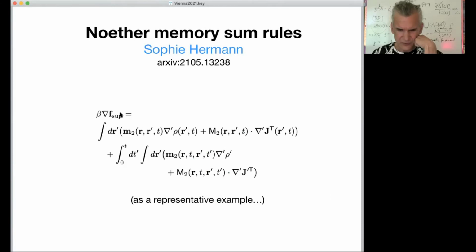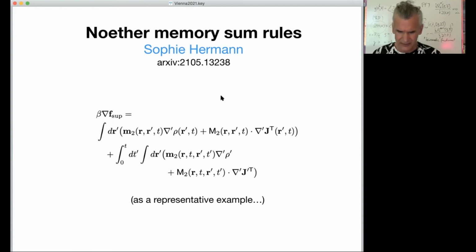Because this superadiabatic contribution doesn't depend on external fields, it just depends on, say, the Lennard-Jones interactions. And one can apply symmetry operations and get identities from the underlying symmetries of the intrinsic part of the Hamiltonian.